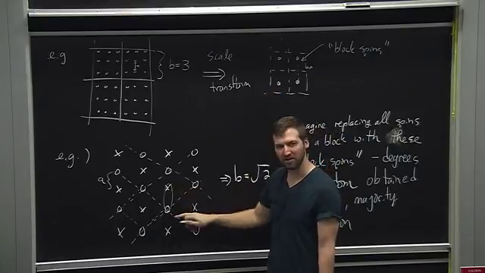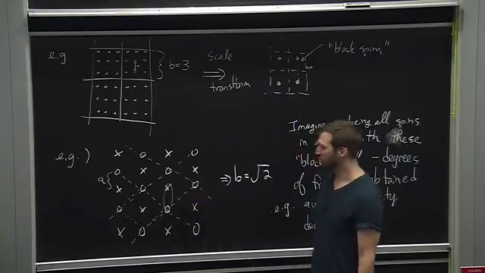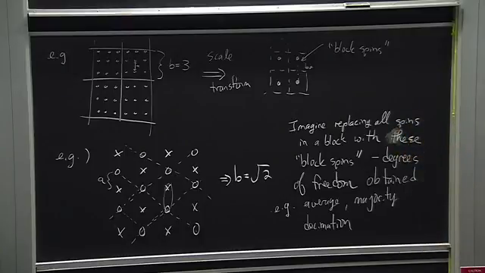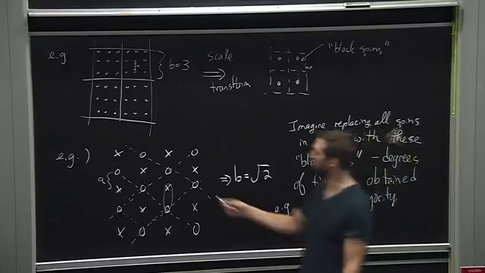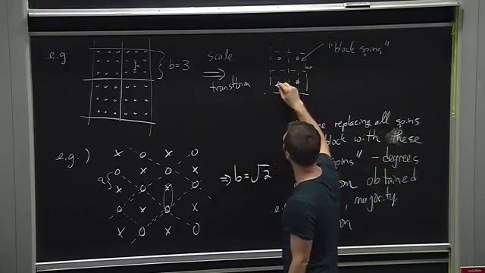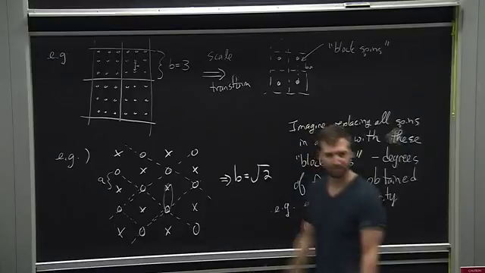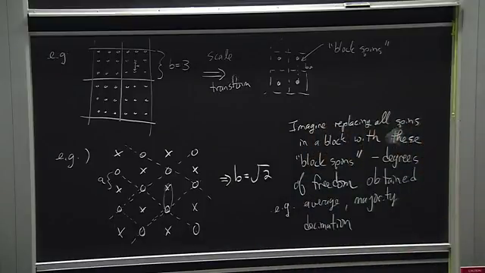We trace out this pair in some sense to give us one block spin here. And then what we want to do is redefine the Hamiltonian, the effective Hamiltonian, between these block spins here, or these block spins here. That's called coarse graining.